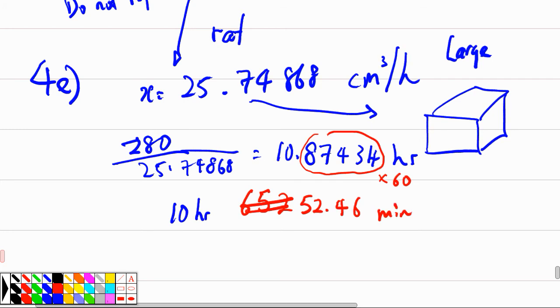So then you want to find the nearest minute. So nearest minute means this one will be 52, right? So how to find the total minutes? You take 10 hours times 60, then plus this one. You understand now?